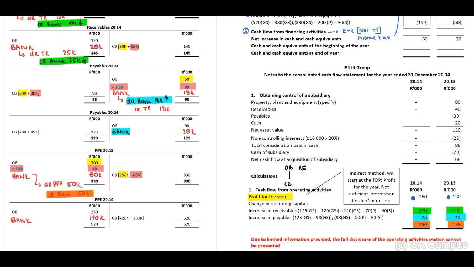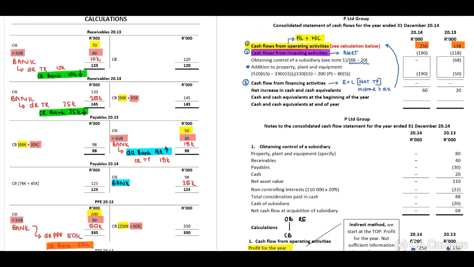Acquisitions of property, plant, and equipment, the same with 2014. Therefore, you will identify in your cash flow statement a decrease of 50,000 for 2013 and 190,000 for 2014. Now, our net increase in our cash and cash equivalents for 2013 is 20,000 and 2014, 60,000.